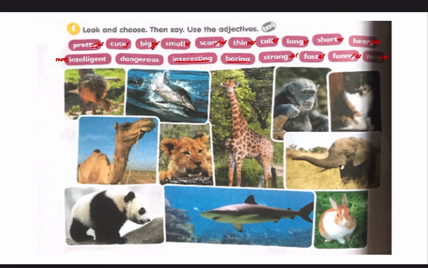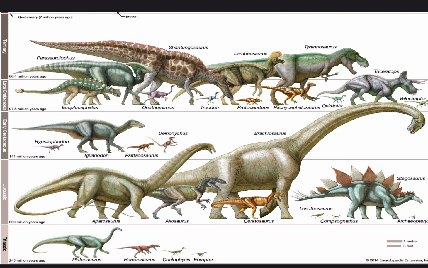Now what you need to do, these are the dinosaurs that you need to use in your speaking activity. Number 1, you need to record your voice saying about 10 sentences for comparative adjective.